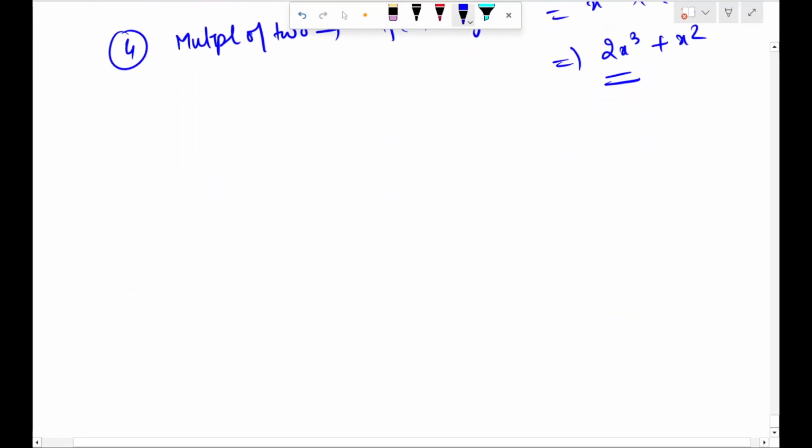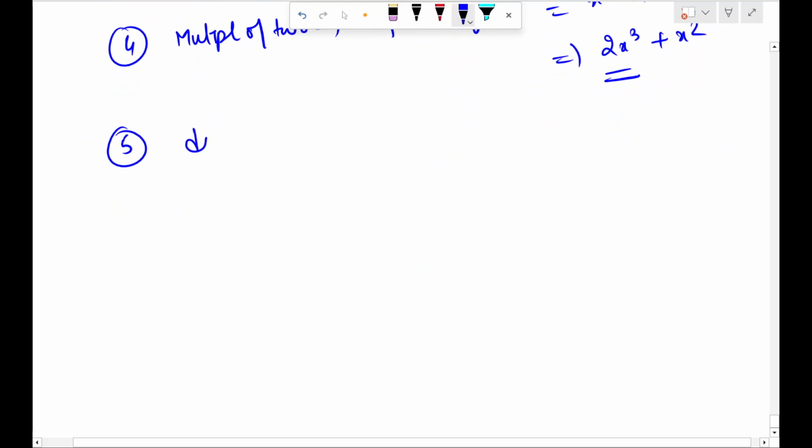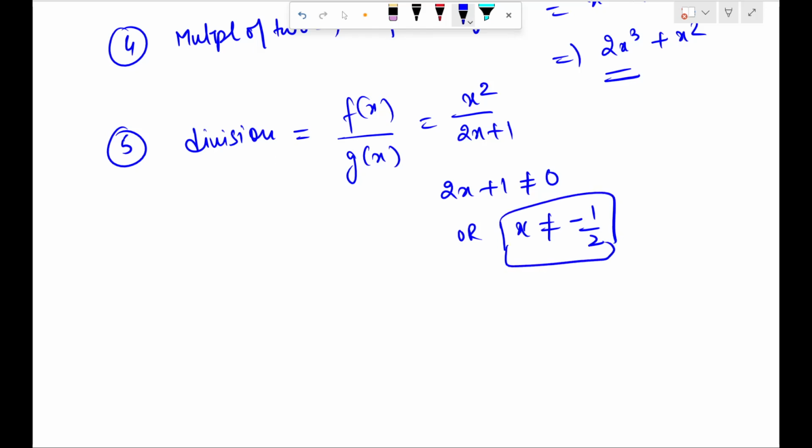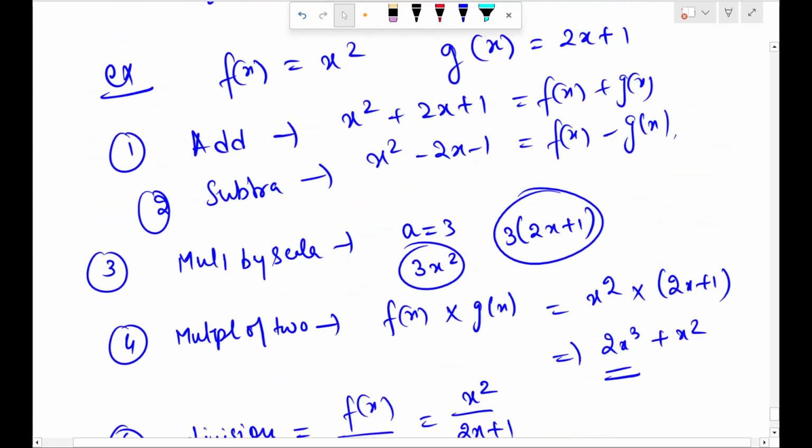Last, we have division, where f of x upon g of x is equal to x square upon 2x plus 1, where 2x plus 1 is not equal to 0, or x is not equal to minus 1 by 2. So we can also reverse the operations like g of x by f of x. According to our convenience, we can change the functions and their operations.